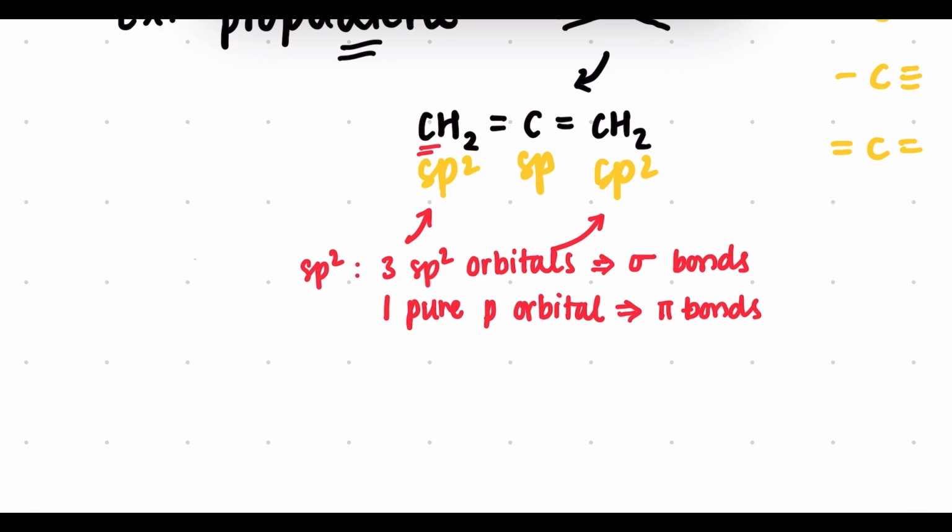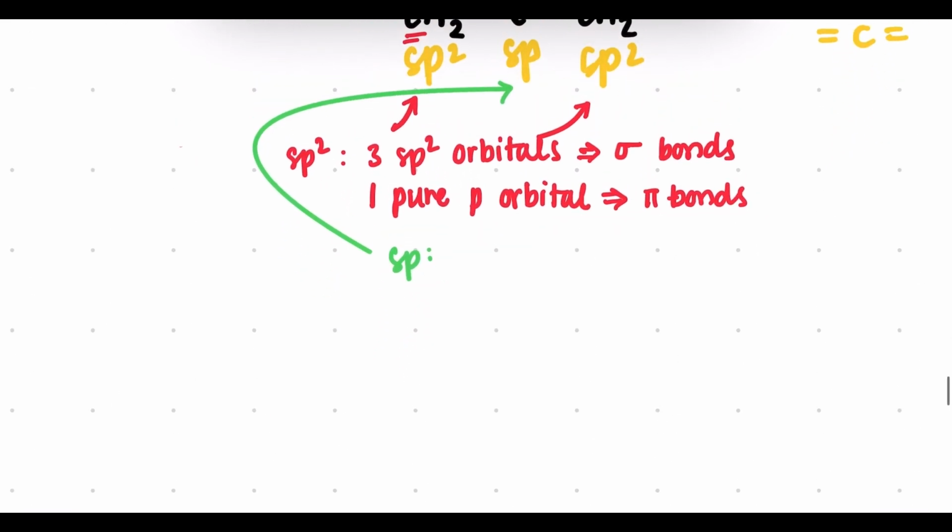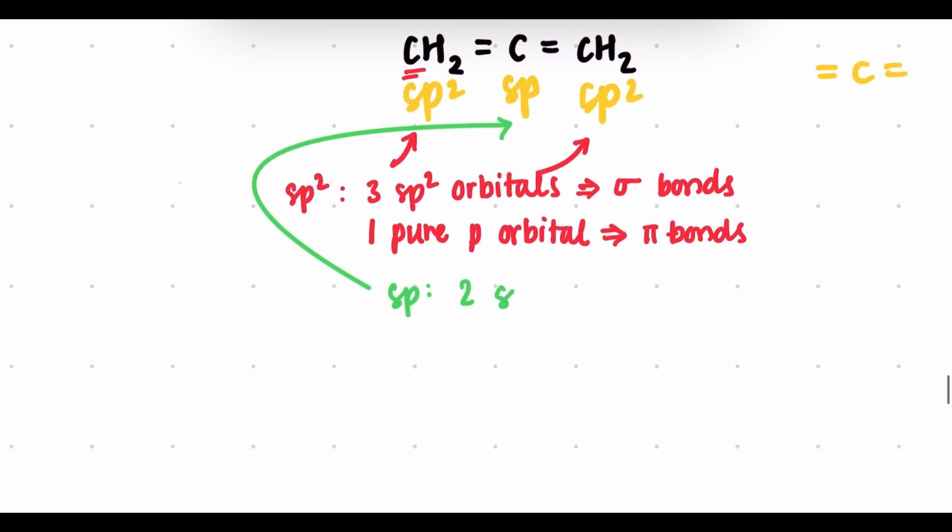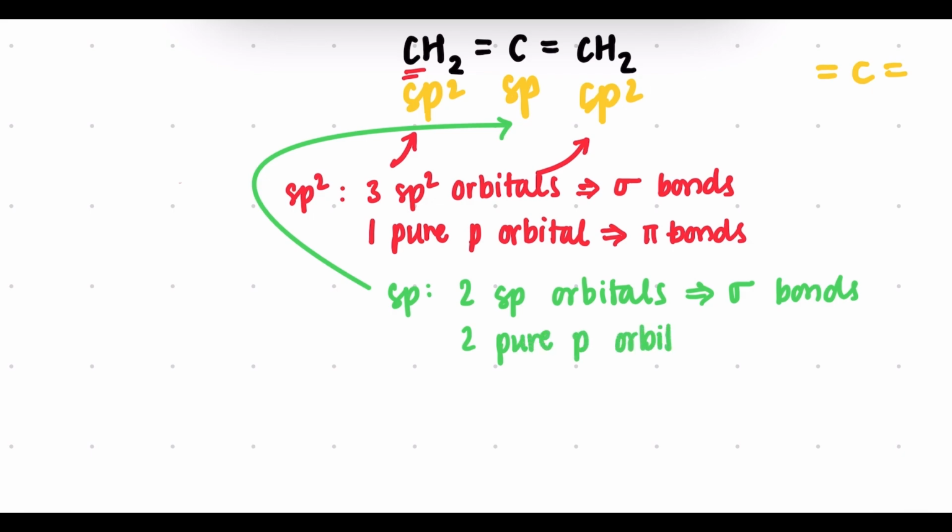Similarly, when it comes to an sp hybridized carbon, there will be 2 sp orbitals which contribute to sigma bonds, and 2 pure p orbitals which contribute to pi bonds.